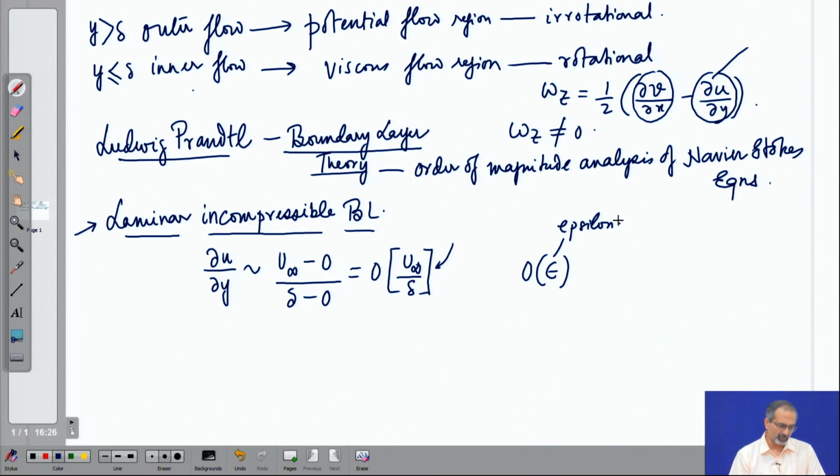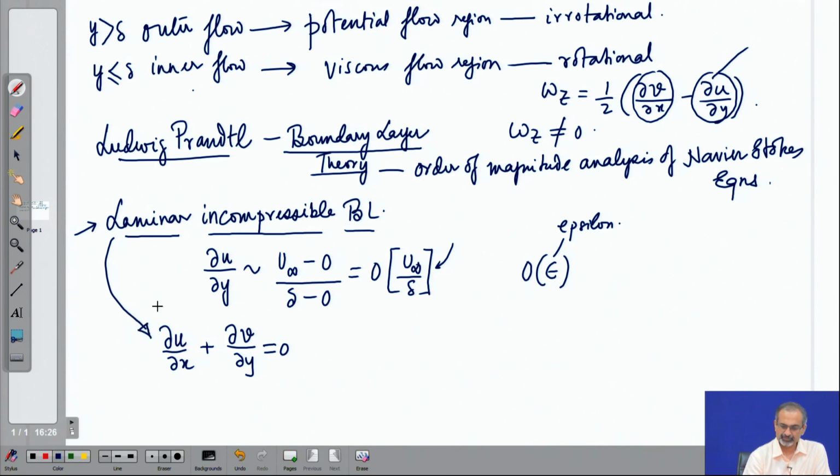The very small ones could be represented like order epsilon, that means a small term. In this manner, Ludwig Prandtl did a detailed analysis and found that many terms in the boundary layer equations could actually become insignificant, and therefore, he proposed a set of equations which are now famously known as the boundary layer equations. And remember that his theory caters to the laminar incompressible boundary layer here.